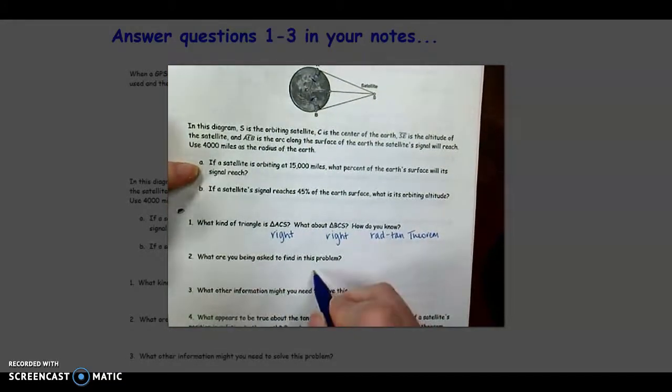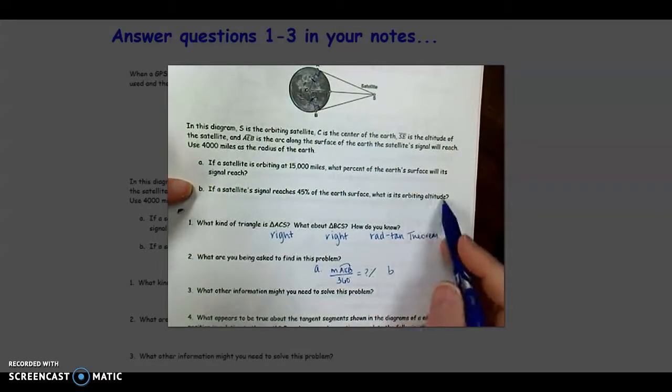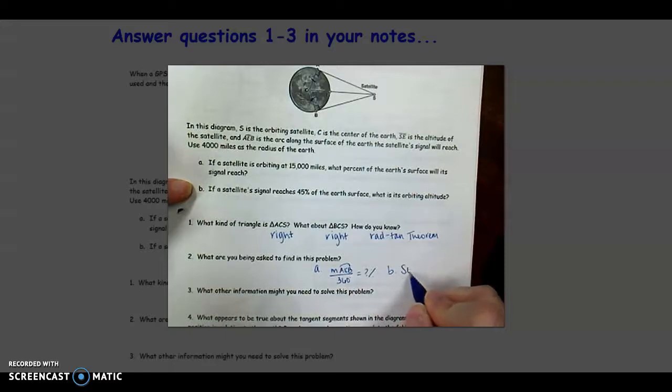For part A, we're trying to find what percent the measure of arc AEB is of the entire circle, which is 360 degrees. In part B, we're given the percentage, and we want to know the orbiting altitude. So we want to know the length of SE.